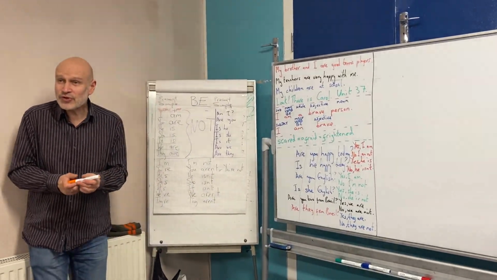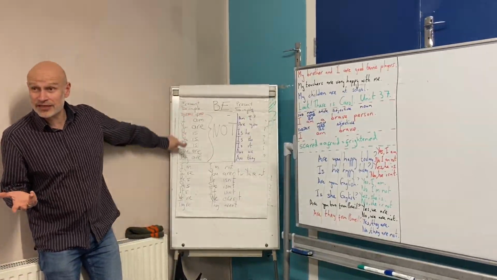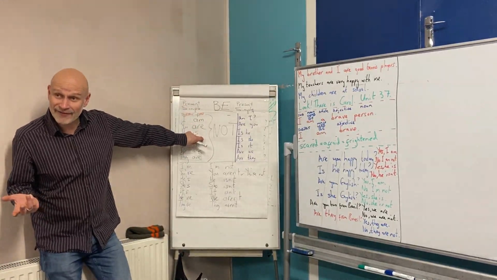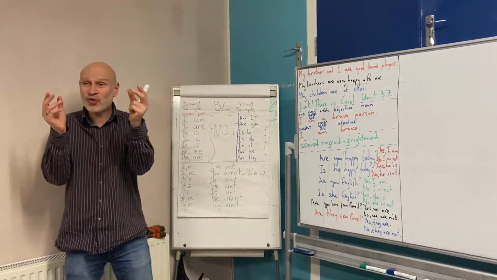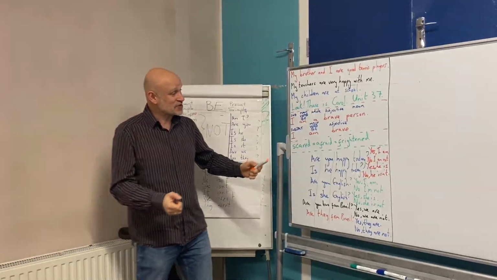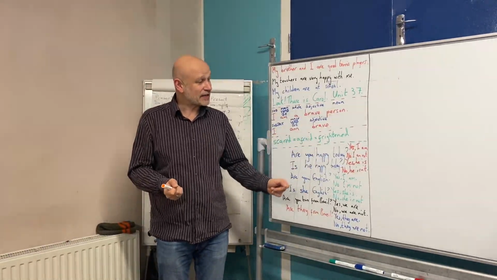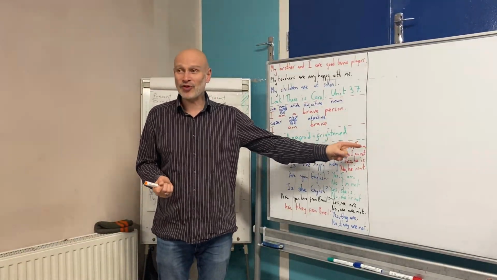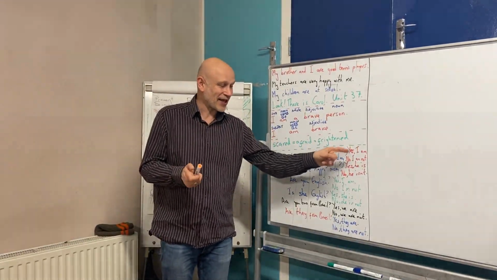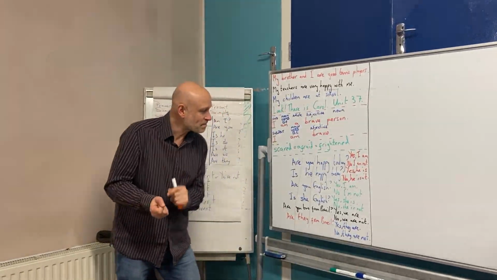So remember, when we're doing positive or negative sentences, we start with the subject, then we have the verb. But with the questions, we turn them around. So we start with, are you happy today? Yes, I am. No, I'm not. No more words. Yes, I am, full stop. No, I'm not, full stop.